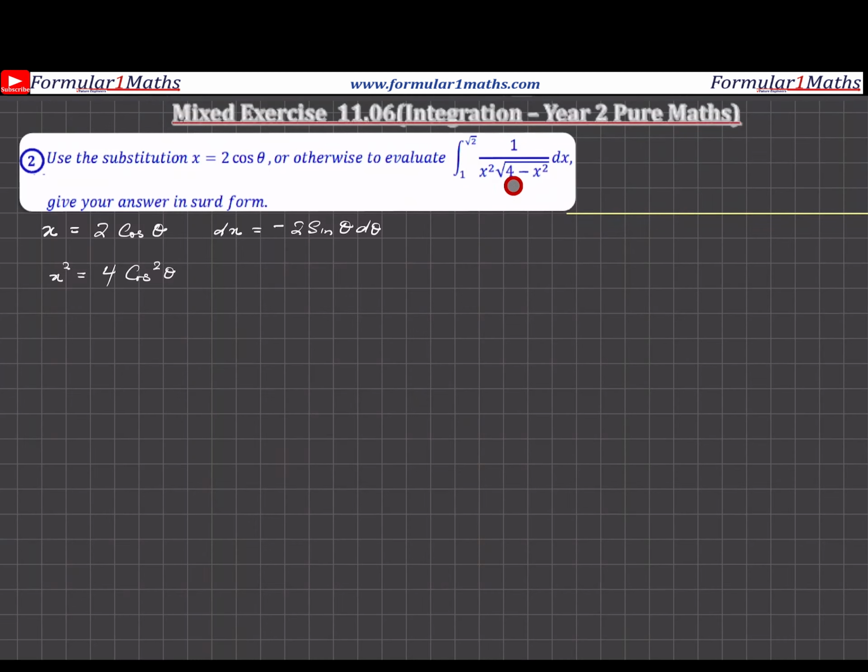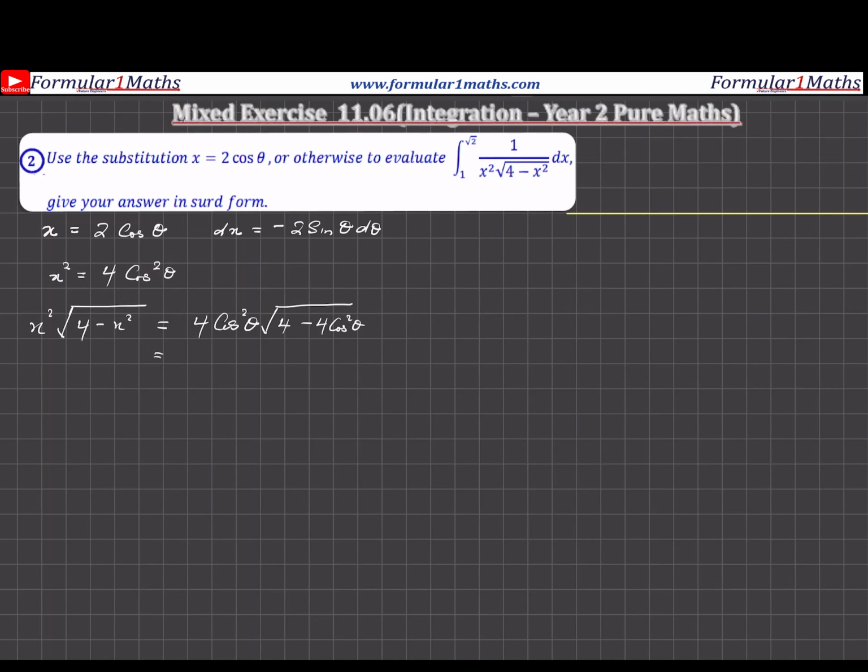So the denominator, x squared times the square root of 4 minus x squared is equal to 4 cos squared theta times square root of 4 minus 4 cos squared theta, because we said x squared is equal to 4 cos squared theta.